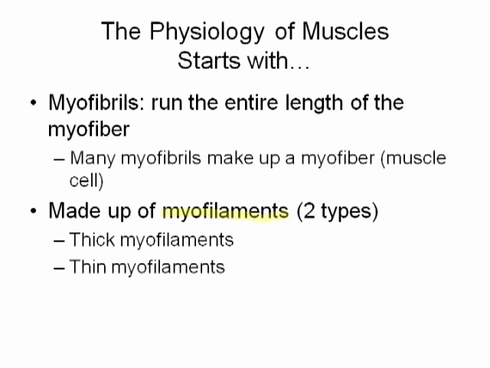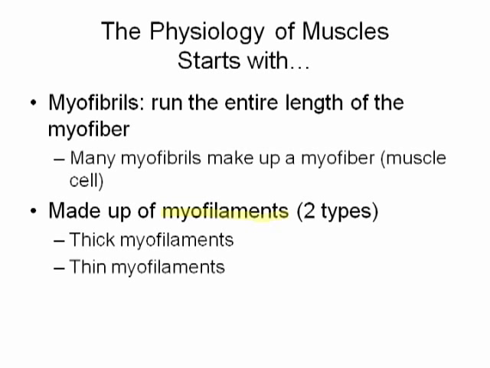Notice that I said this is the process of contraction for skeletal muscle. Smooth muscle and cardiac muscle are going to deviate from the process that we're going to be learning about now. And so this here is specifically dealing with skeletal muscle.